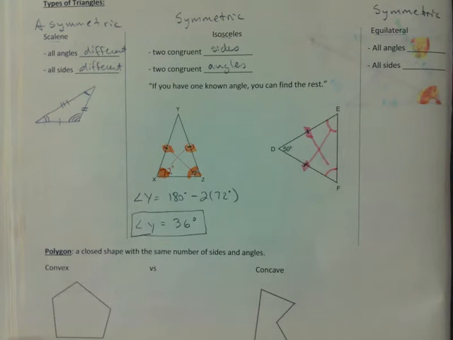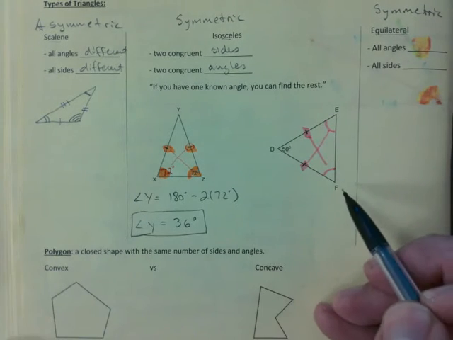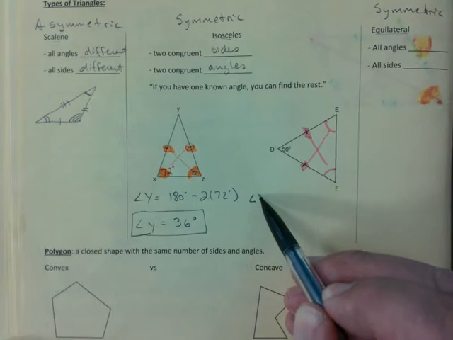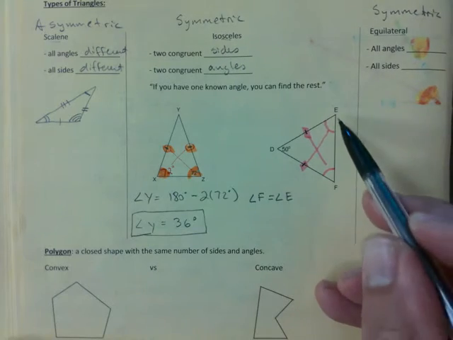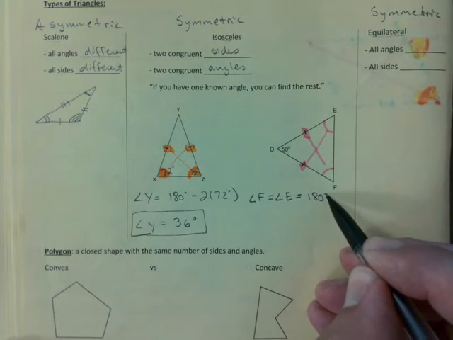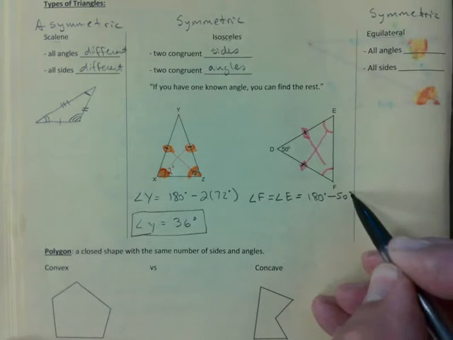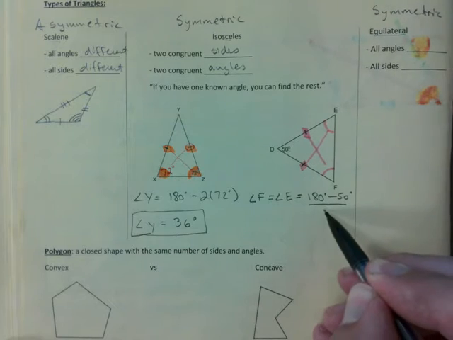But they're the same, correct? So I could just go to find angle F, which is the same thing as angle E. I will just go like this, 180, subtract 50. I will subtract the one I know, and I'll split this in half.